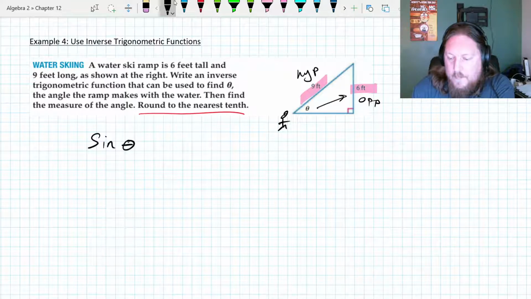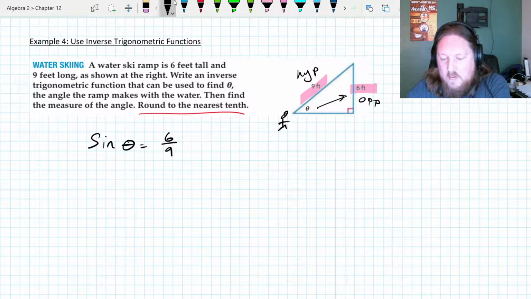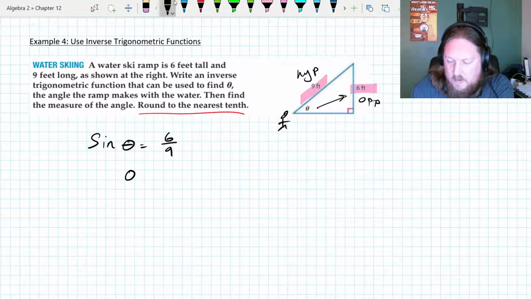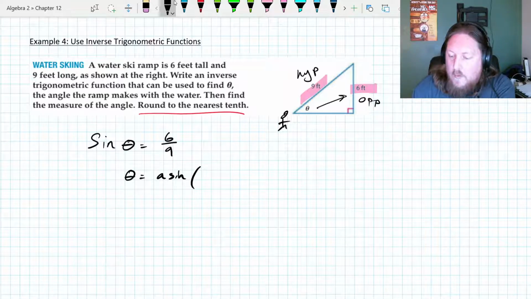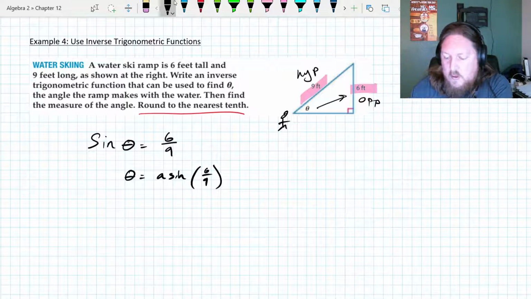Theta is equal to the opposite over the hypotenuse. So that means theta is the inverse sine. Hold on, I'm using capital, so I should use arc sine of 6/9. Plug in a ratio, should get an answer back.